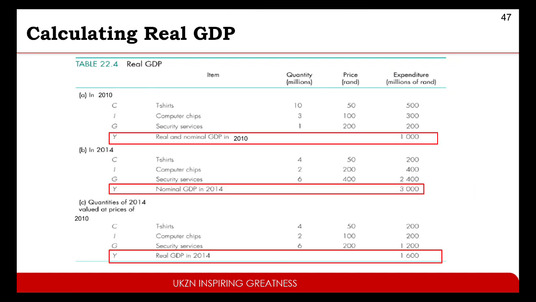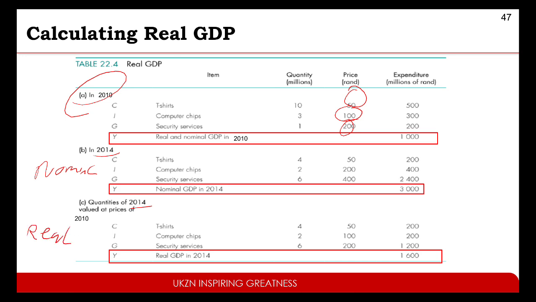Oh, they did it over here actually. So I want you to look at this. The base year was 2010, and these are 2014. This is nominal and this is real GDP.